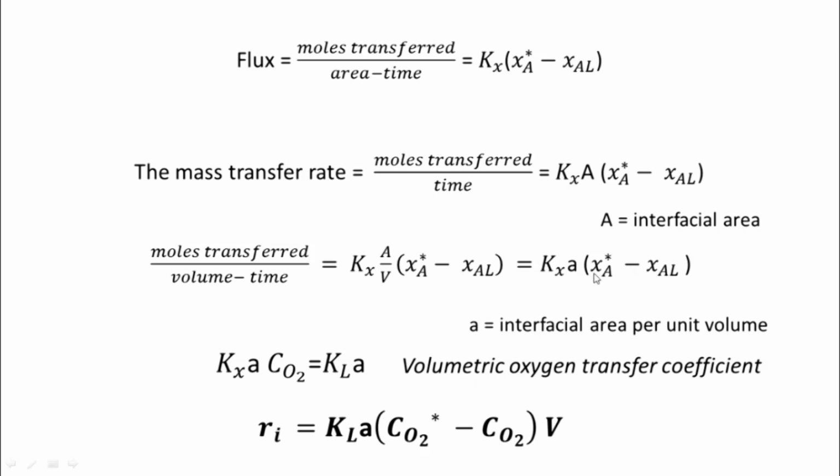This is on a volumetric basis, so we need to multiply it by the volume of our system to get on a mass basis. So, KLa (CO star minus CO2) times V.